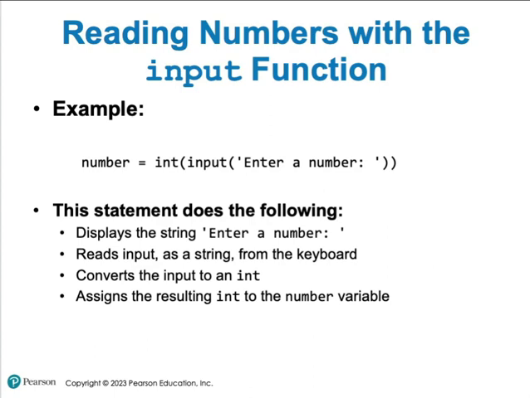It would say enter a number, colon, space. The user would then type in a number. That value would be returned in place of the input function. And then that int would say I want that string, whatever the user typed in, to be converted to an integer value. And then I would like that integer stored in a variable number.